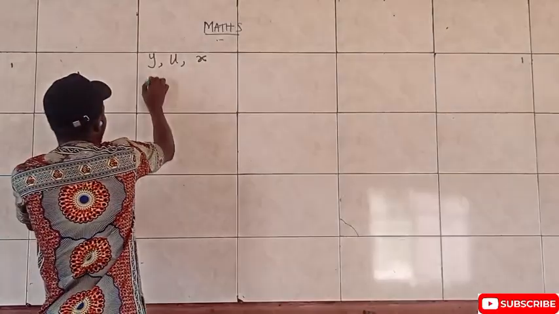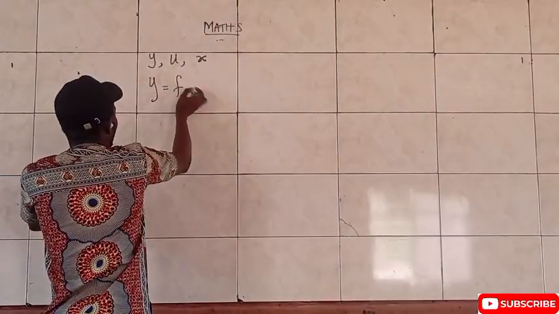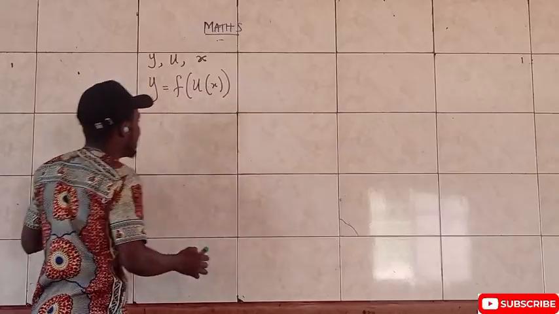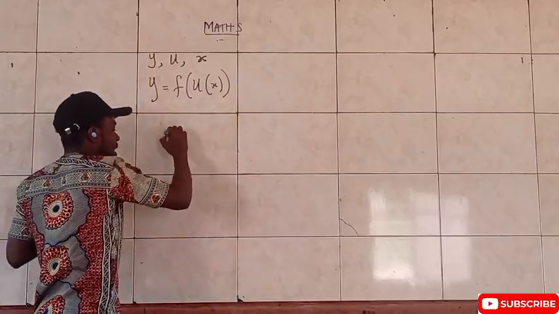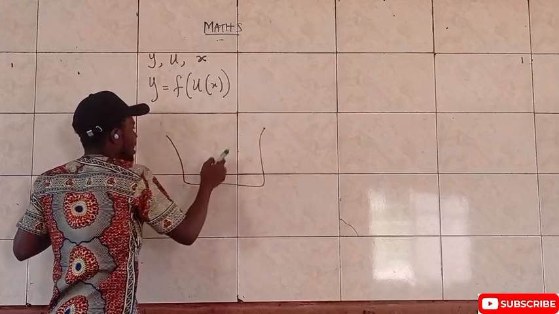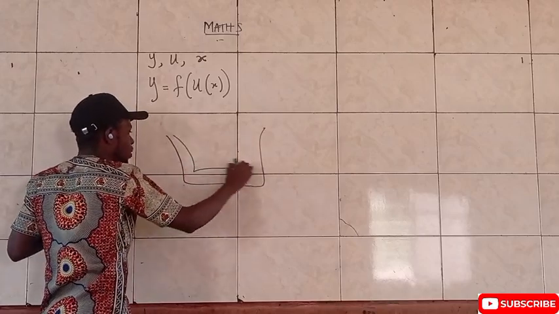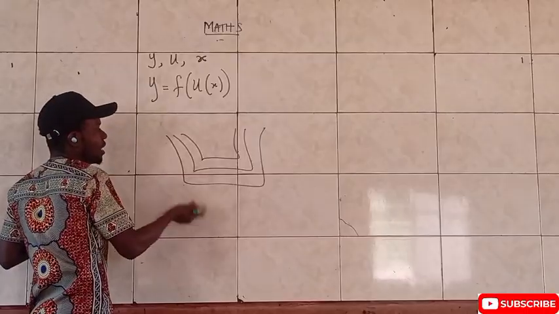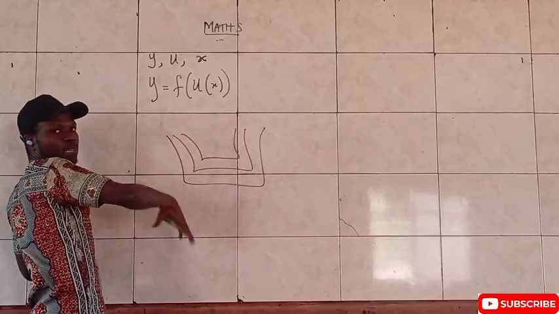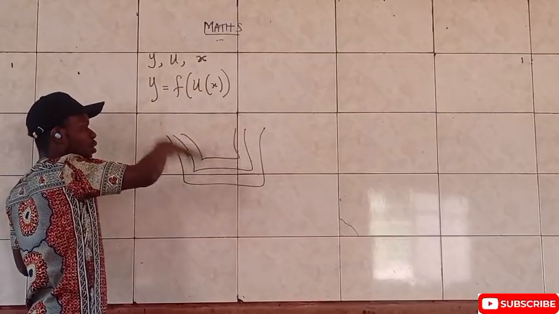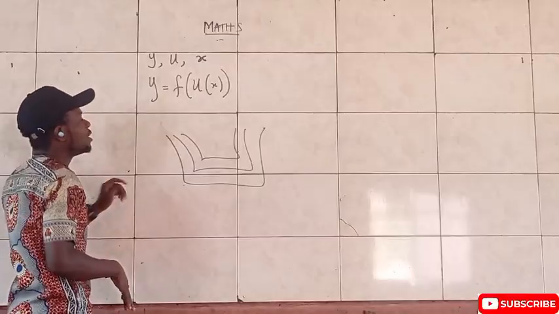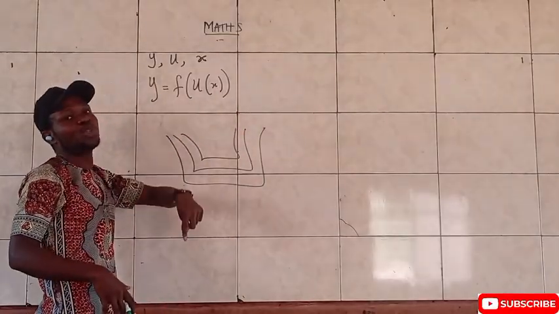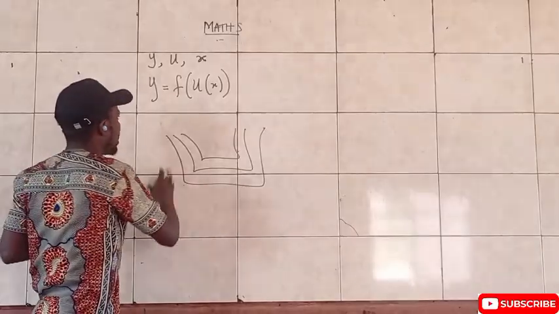Something like saying y equals f of u of x. It's like a pot of pots: you see a big pot, inside that big pot there's another pot, inside this pot there's another pot. Because we keep stacking one inside another, we call it a function of a function. And there's a way to get that done.